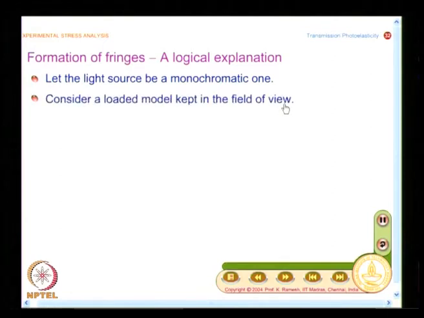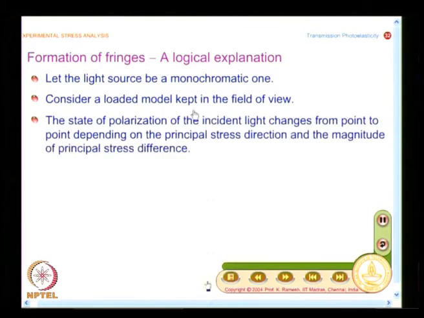And what I do is, I have a model which is loaded, which is kept in the field of view. And what do you anticipate? Because the model is loaded, the state of polarization of the incident light changes from point to point depending on the principal directions and the magnitude of the principal stress difference.